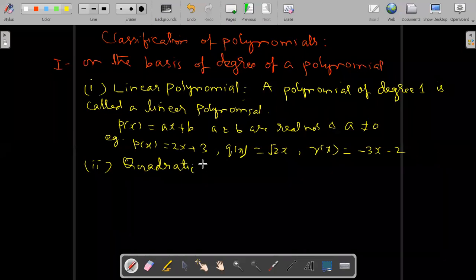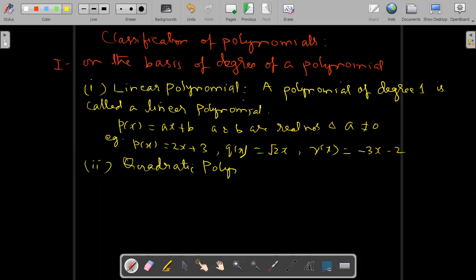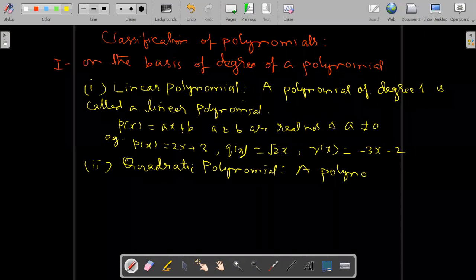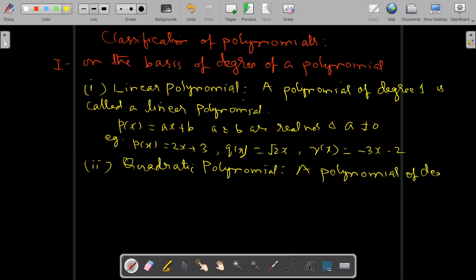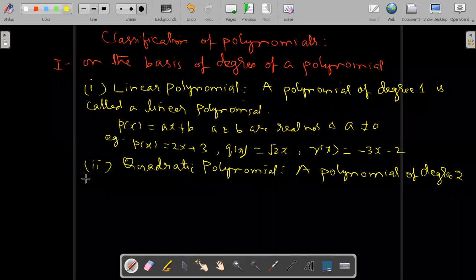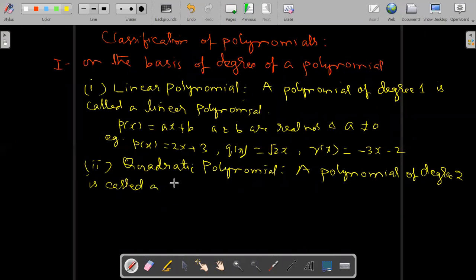A quadratic polynomial is defined as a polynomial of degree 2, called a quadratic polynomial.